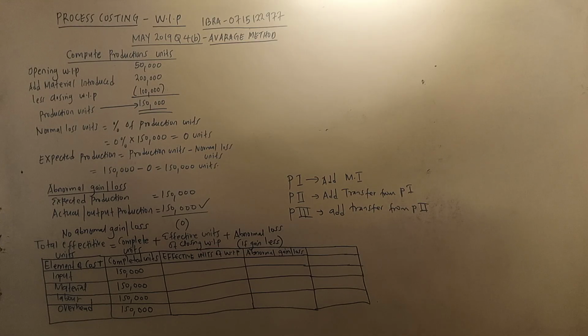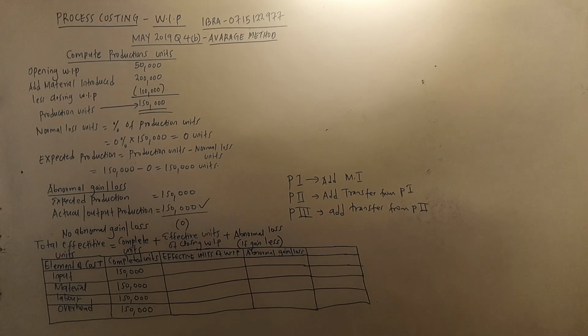But before we start filling our table, I want you to go to information number 2. Information number 2 says that closing work in progress amounted to 100,000 units with the following degree of completion: material 100%, labor 50%, and overhead 40%.